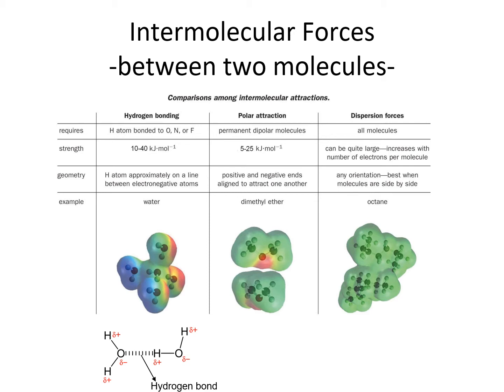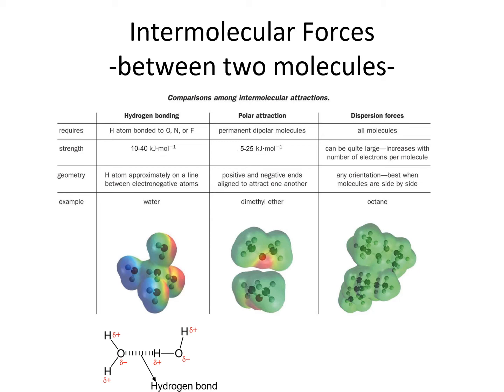For you to have hydrogen bonding, you need an oxygen in one of the water molecules and a hydrogen of the other water molecule interacting. So this arrow here points to the hydrogen bond. Apparently the hydrogen bond is the strongest of these three intermolecular forces for covalent molecules.